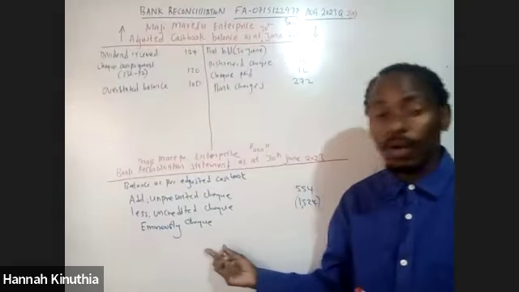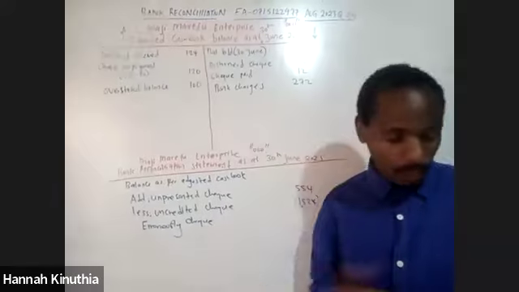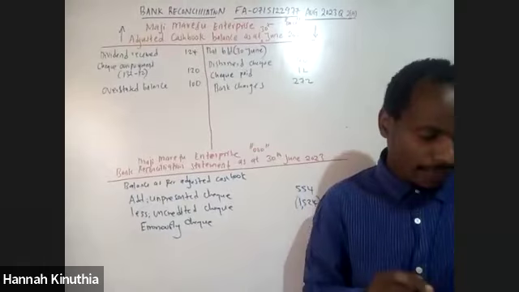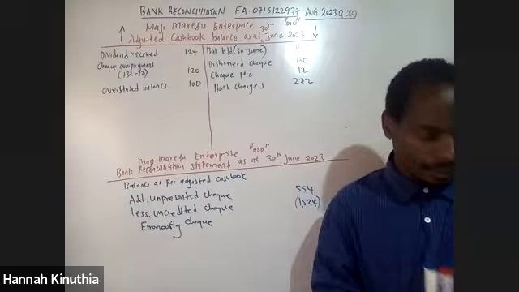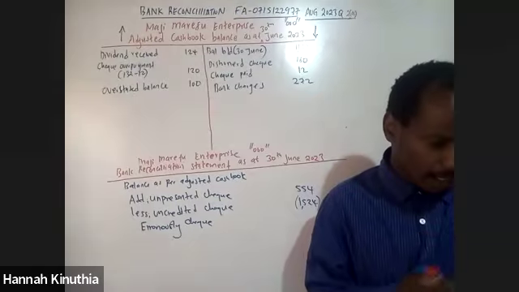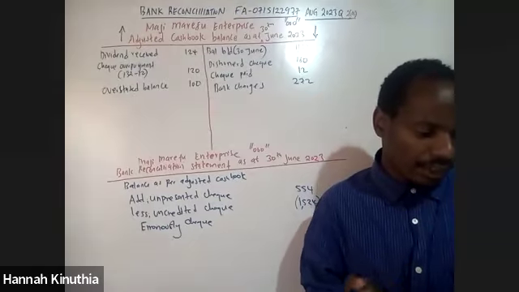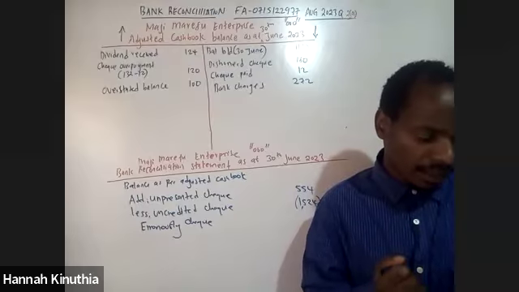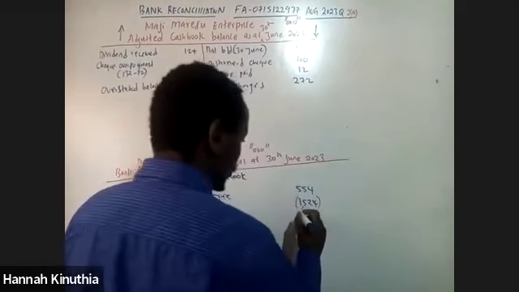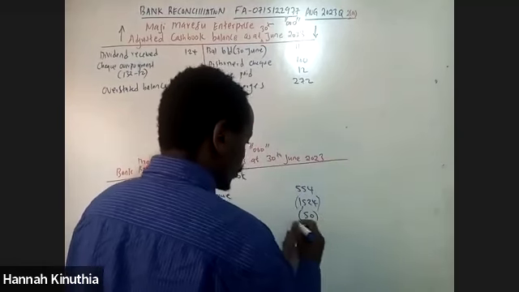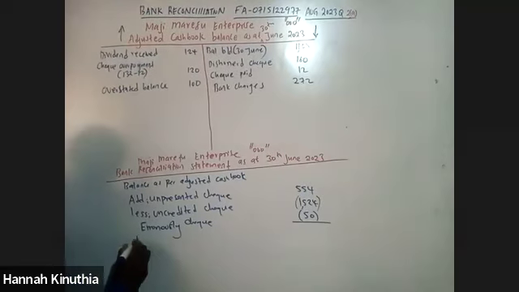When you see the word debit for a bank, what does it mean it did? It increased our balances. It has erroneously been debited in our bank statement, so we need to reduce it by that amount, so that we have the balance as per bank statement.